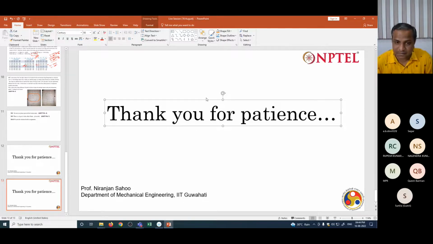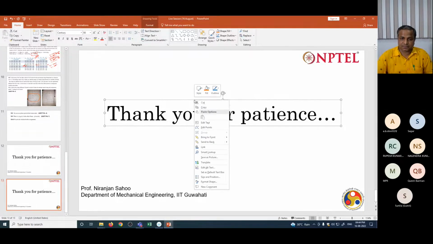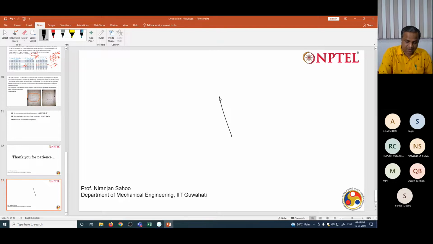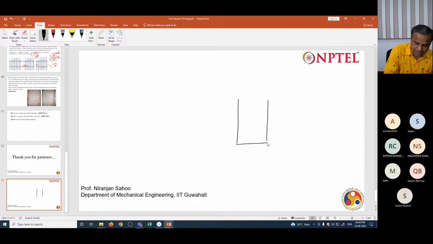Normally, piston cylinder devices are very common in the IC engine.